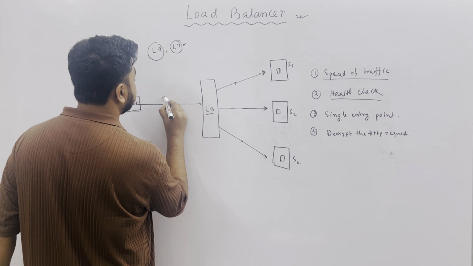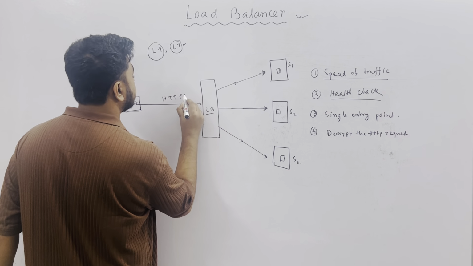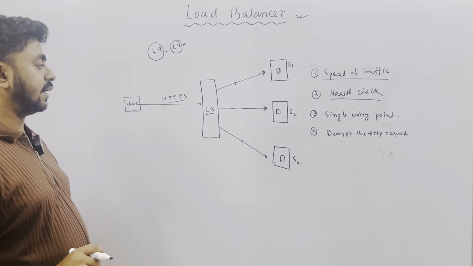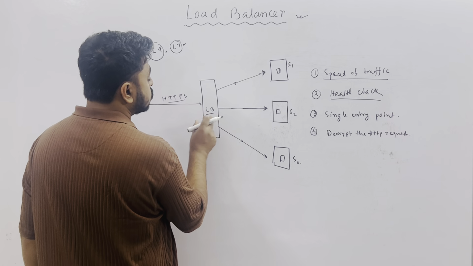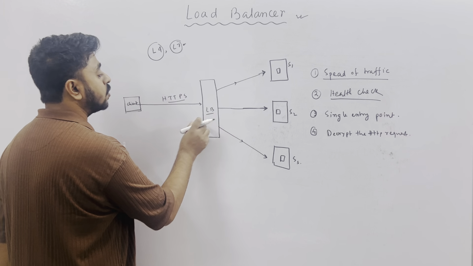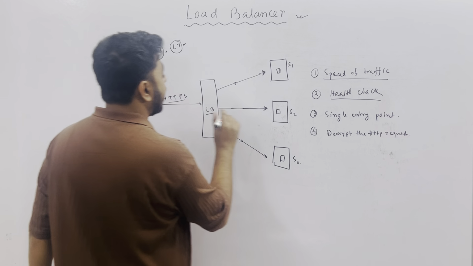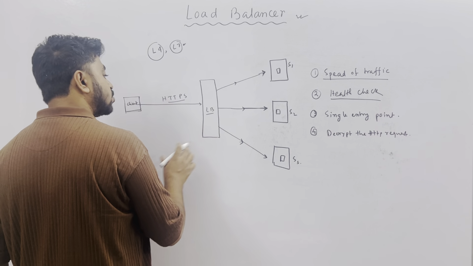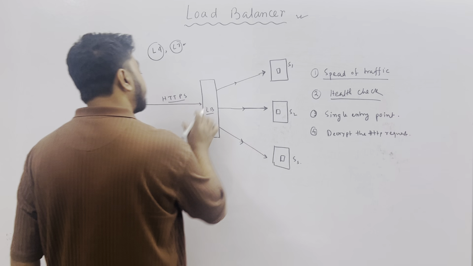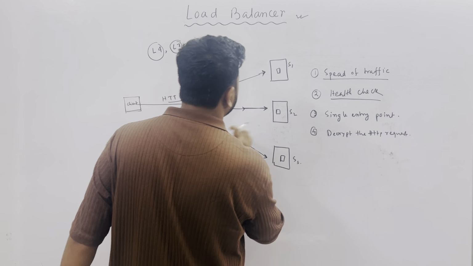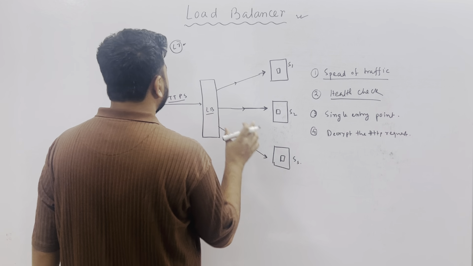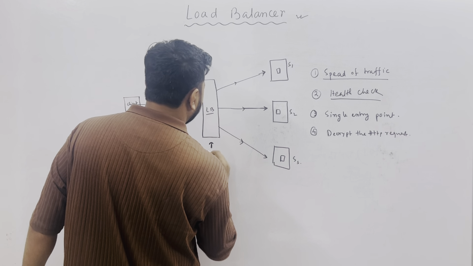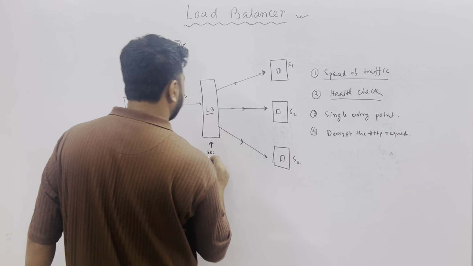Whenever a client sends a request, it is an HTTPS request, and this request is always encrypted while traveling through the channel. So the load balancer will decrypt this request and send a clean request to the server. This way the server need not decrypt again, it gets the request, processes it. So the load balancer is taking this overhead of SSL decryption.